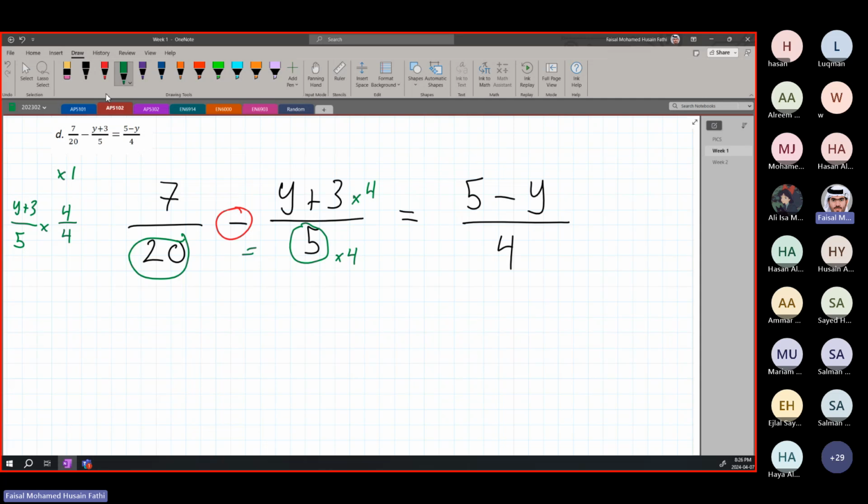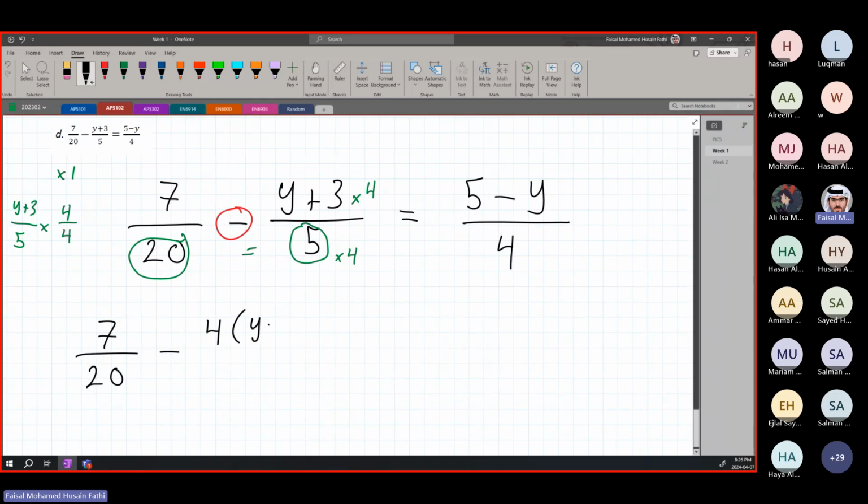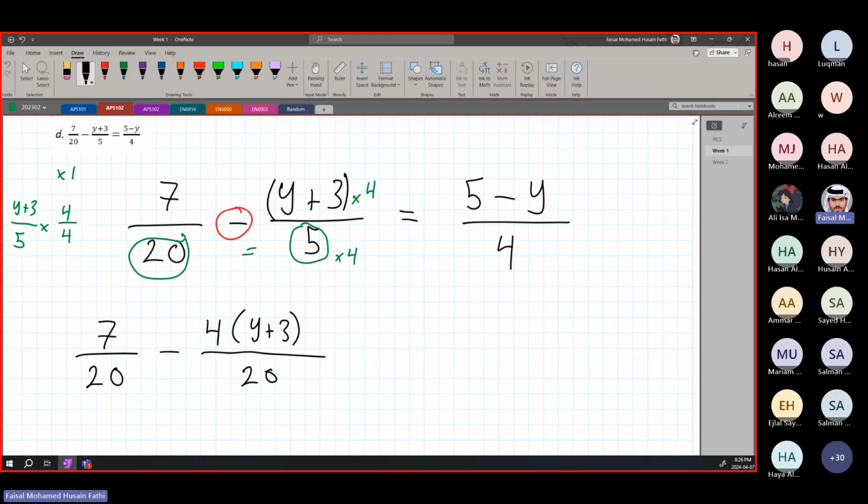So we will multiply the bottom part by 4 and we will multiply the top part by 4 to get the common denominator. So if we simplify this, it becomes 7 over 20 minus 4 times y plus 3. Remember, when we're multiplying by 4 up here, we're multiplying everything by 4, divided by 5 times 4, which is 20, equal to 5 minus y over 4.